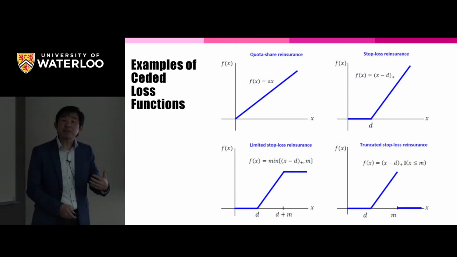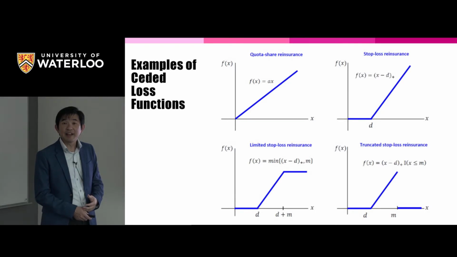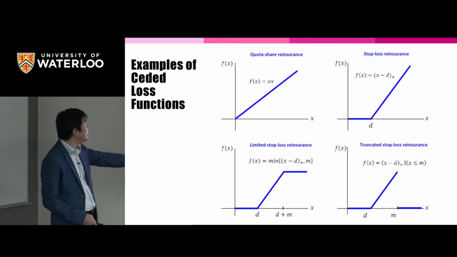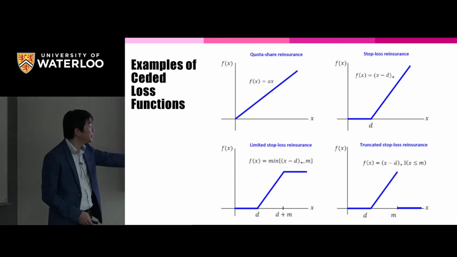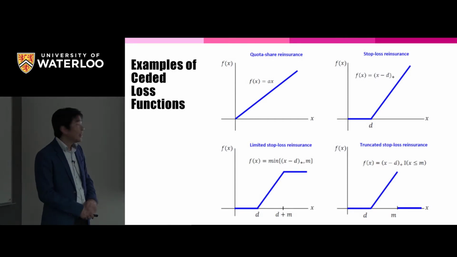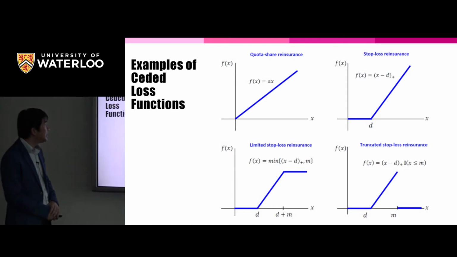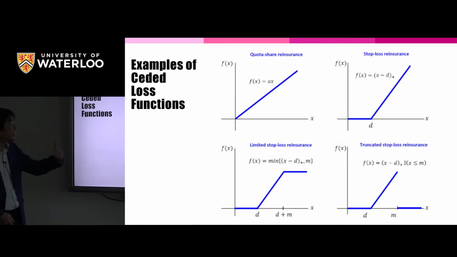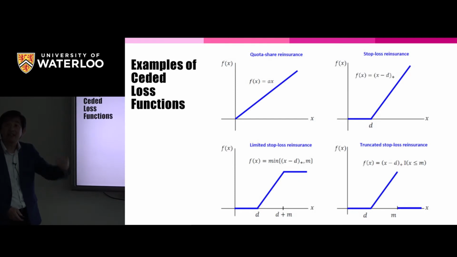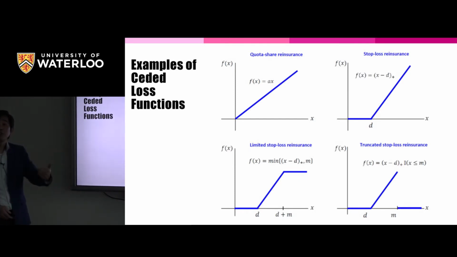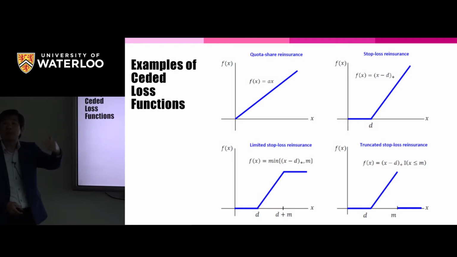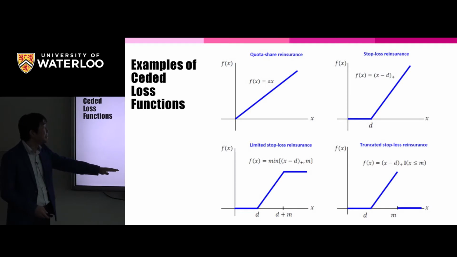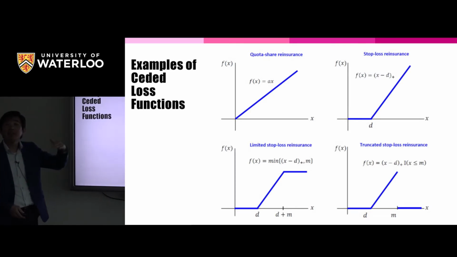This, to some reinsurance companies, may not be desirable, and hence there is a third form of ceded loss function, known as the limited stop-loss reinsurance. This ceded loss function is very similar to the stop-loss, except it says that if the losses exceed a certain level, which in this example is given by M plus d, then the reinsurer is only responsible for a maximum amount given by M. So there is a cap on the indemnity amount.